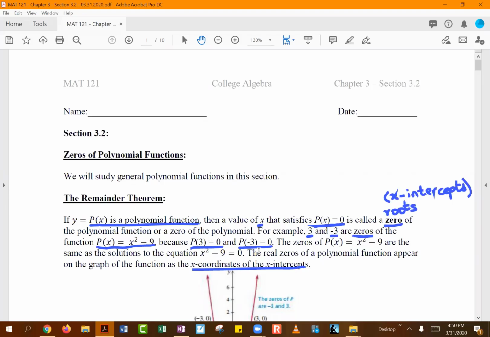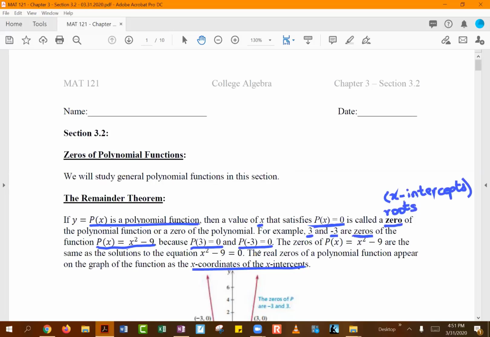So in this section, we are looking at how to find zeros for our polynomial functions, which basically means we're trying to see how we can solve our polynomial functions, and finding their zeros is basically the same thing as finding their roots or x-intercepts.